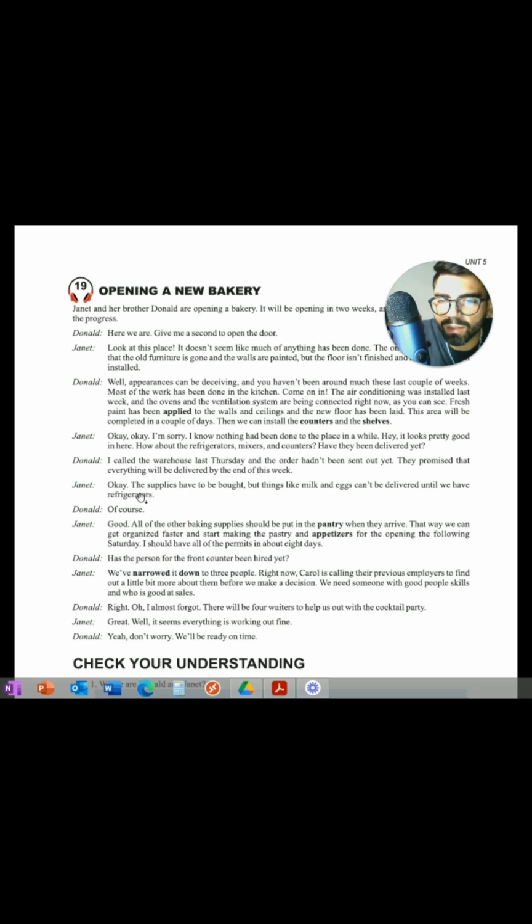Janet says, "Okay, the supplies have to be bought, but things like milk and eggs can't be delivered until we have refrigerators." And Donald says, "Of course." Janet says, "Good. All of the other baking supplies shall be put in the pantry when they arrive.